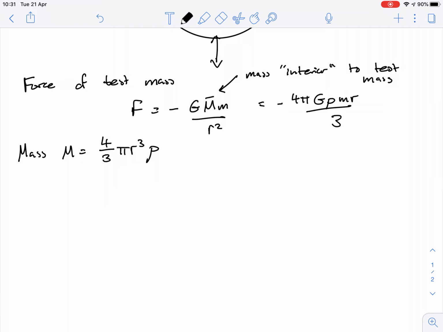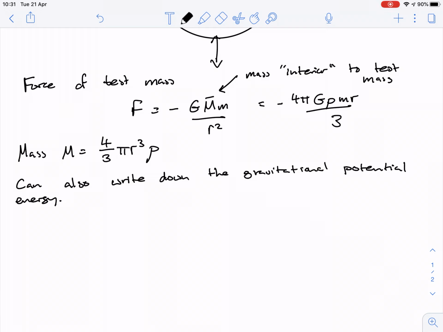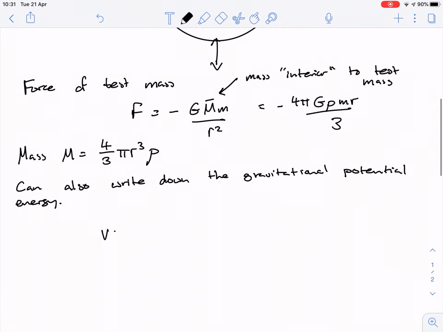We could also write down the gravitational potential energy. And so in that case, V equals minus G M m over r, which is the same as the force, except you've got one less factor of r on the bottom, so one more on the top when you multiply: minus 4 pi G rho m r squared over 3.